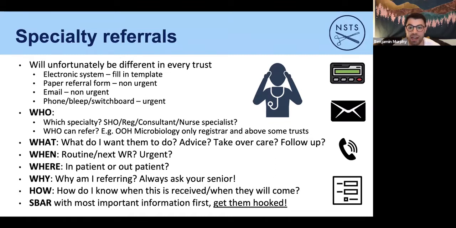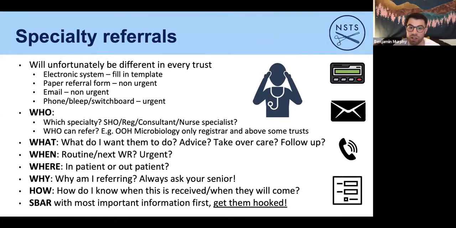But generally, in any referral, you want to think who, what, when, where, why, and how. So who are you referring to? Do you want the SHO to make a referral to surgery? Do you want the reg to come and help you with a catheter that you can't do from urology? Do you need the consultant microbiologist because it's out of hours and they're the only person that's working?